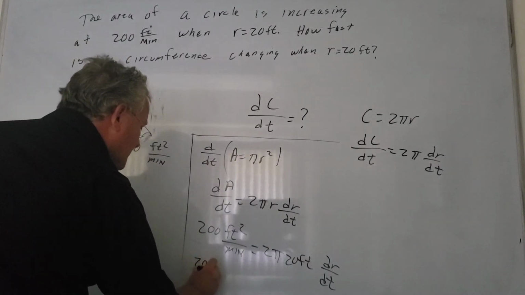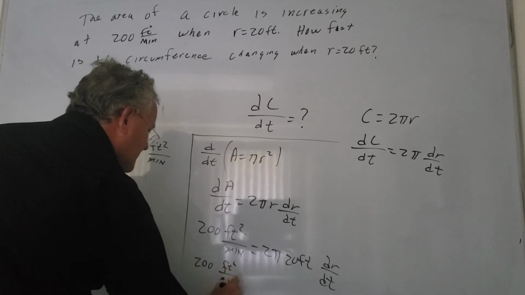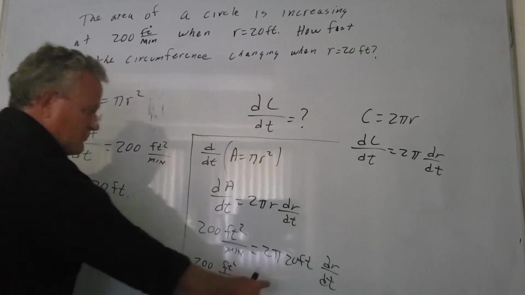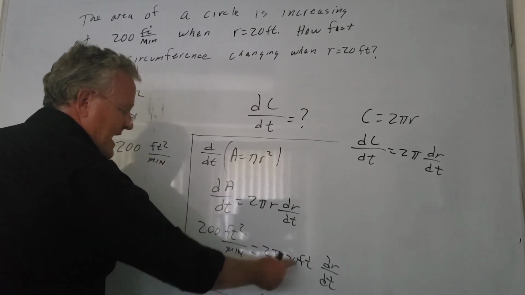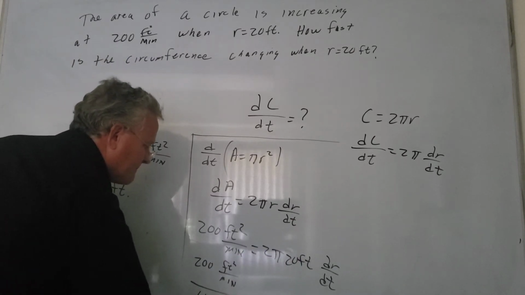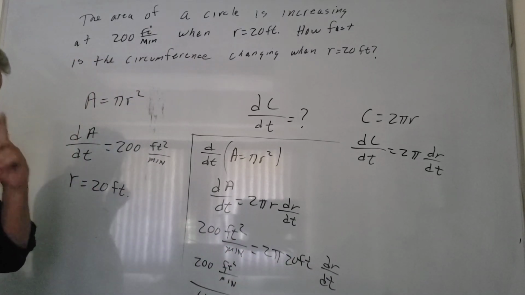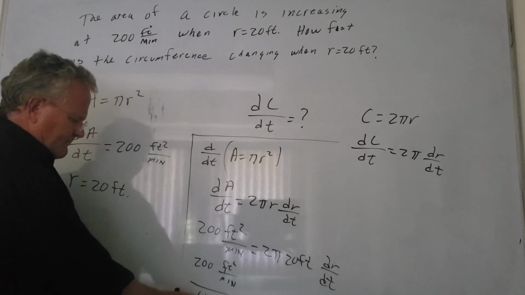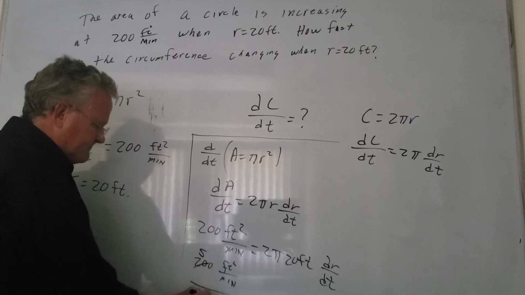We get 200 square feet per minute. We're solving for dr/dt, so we end up with 40 pi feet when we divide by that. 40 goes into 200 5 times.